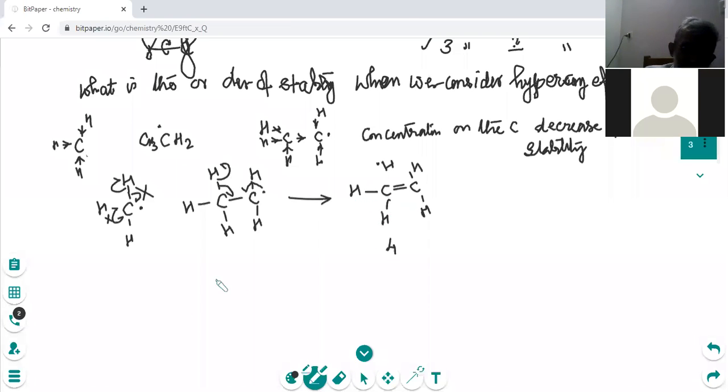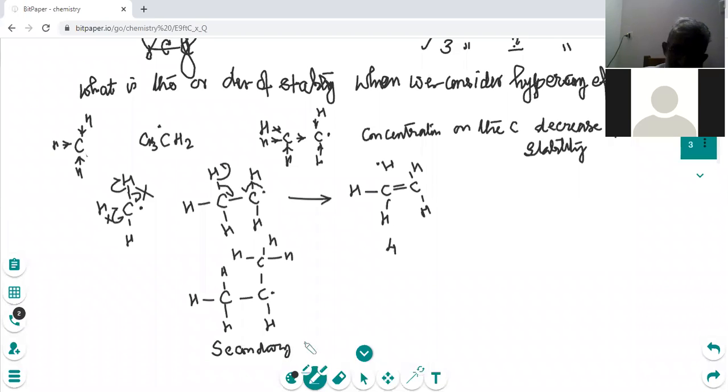Suppose I replace this hydrogen also with a CH3 group. See here. H, H, H, C, H, C, H, H, and H. See, if I replace one more hydrogen with a CH3, that is secondary free radical.